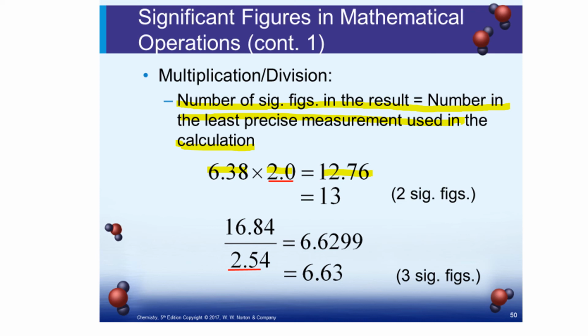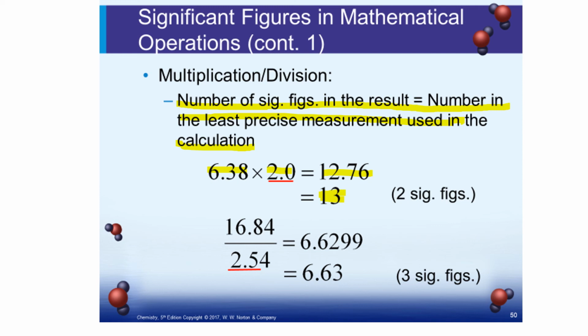But when we're dealing with physical objects, we have to represent that certainty in that measurement. Well, here, 6.38 had 3 significant figures. 2.0 only had 2 significant figures. So that means we need to round our final answer to those 2 places. So I need to round here at the ones place. So that's why I'm rounding up to 13 to represent the 2 significant figures.